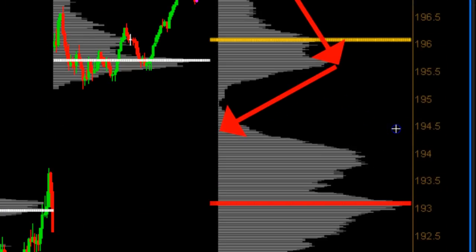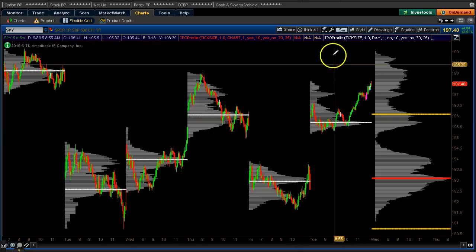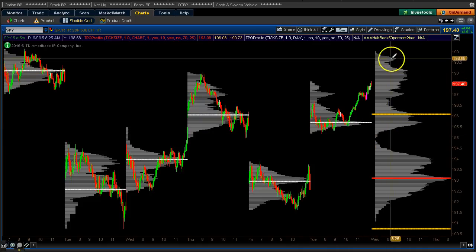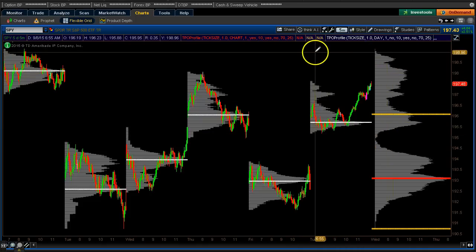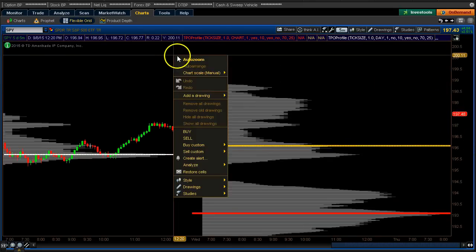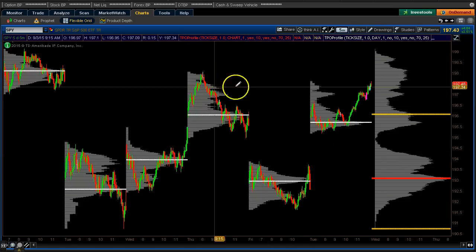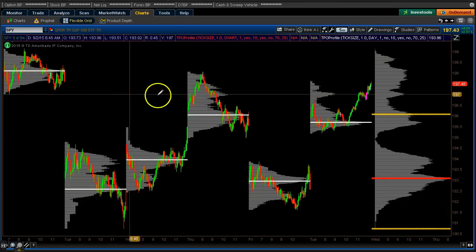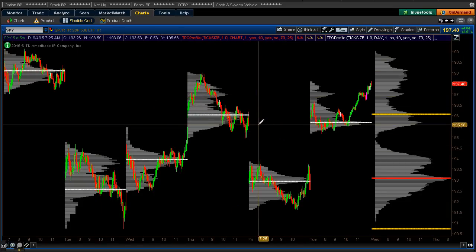Okay, sorry about that. So right here, what we have is volume profile, okay, but for the entire time period of this entire chart. This is a 5-day, 5-minute chart, right? Every candle represents 5 minutes.